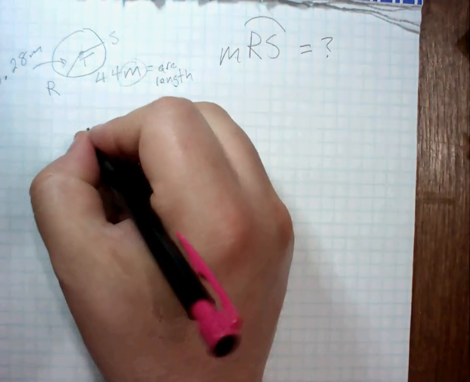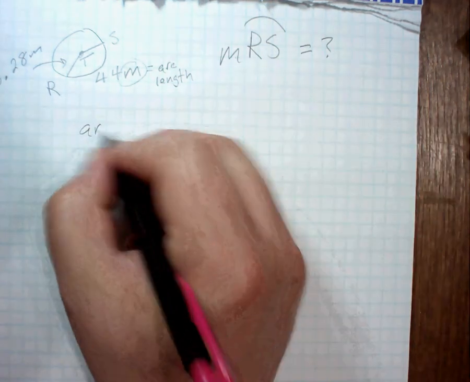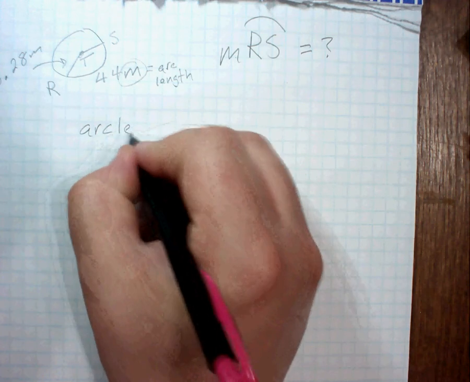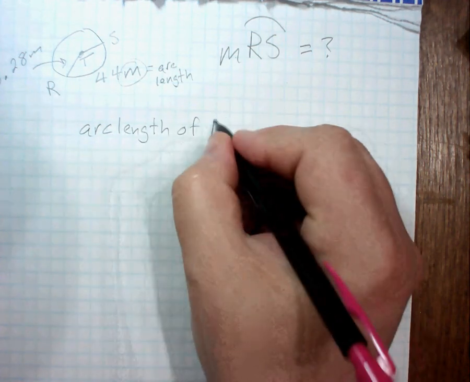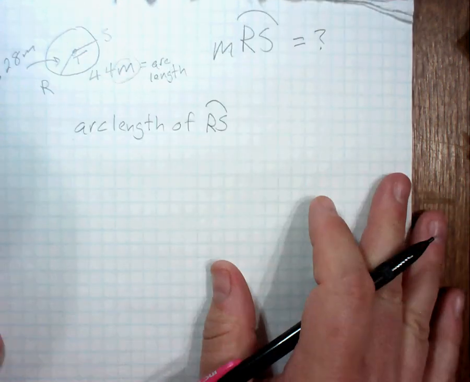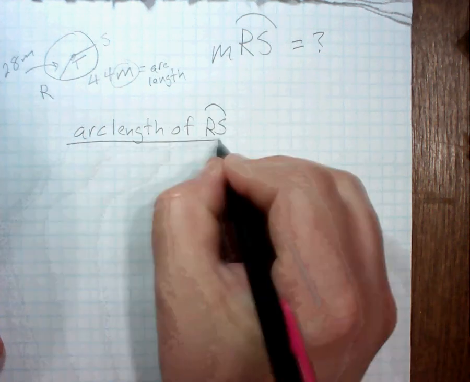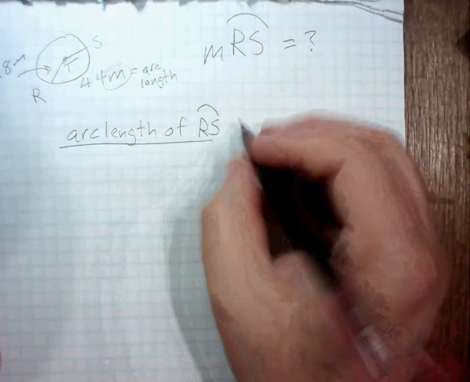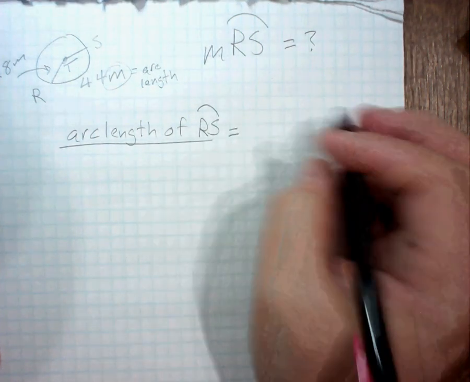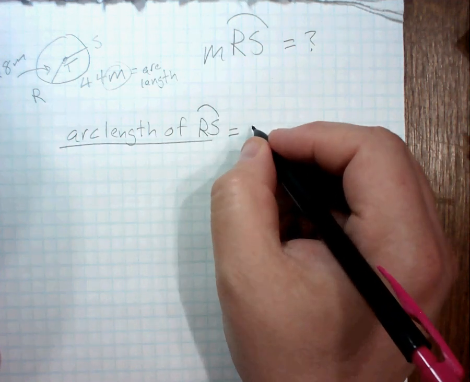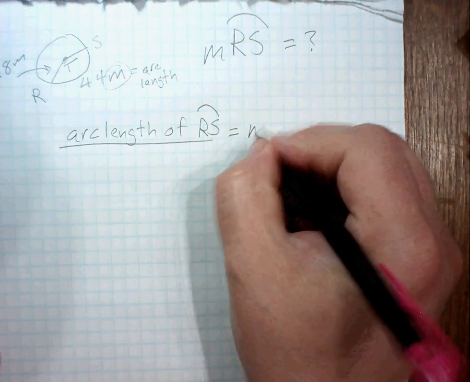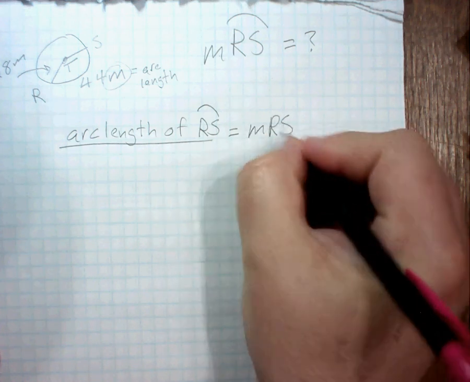So the way that I solve this is I'm going to set up my formula again. Arc length of RS, and that's equal to the central angle that we don't know. That's what we're solving for.